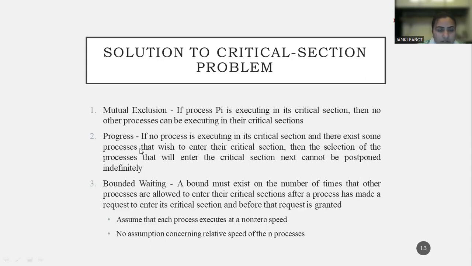Second one is progress. If no process is executing in its critical section, and there exist some processes that wish to enter their critical section, then the selection of the process that will enter the critical section next cannot be postponed indefinitely. What does it mean? Progress must be there.